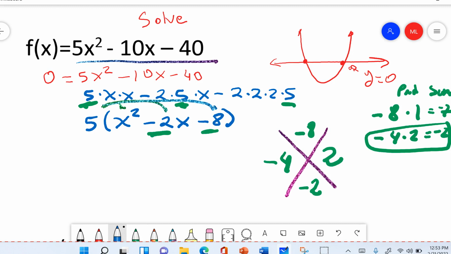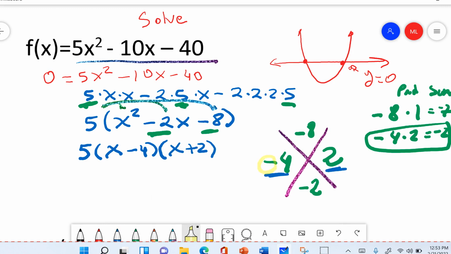Now I'm going to complete my factors. So I have GCF 5, parentheses x minus 4, close parentheses, open another parenthesis, x plus 2. The sign of the number is my operation symbol.